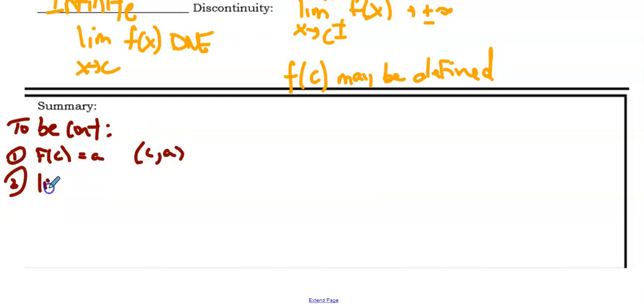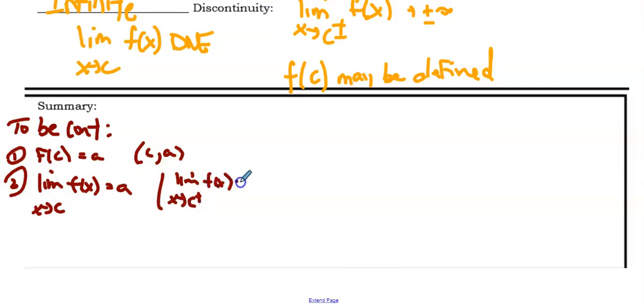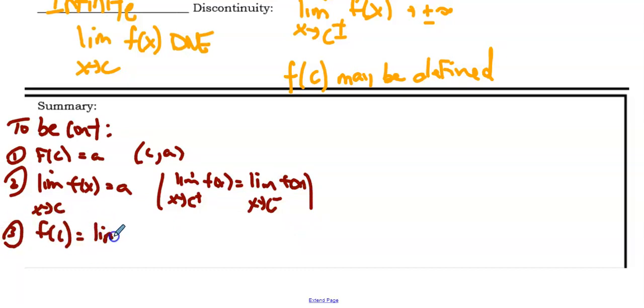The second thing is that the limit as x approaches c of f of x has to equal a value, in this case a. Okay, and again, in order for this to occur, the limit as x approaches c from the right of f of x must be equal to the limit as x approaches c from the left of f of x.